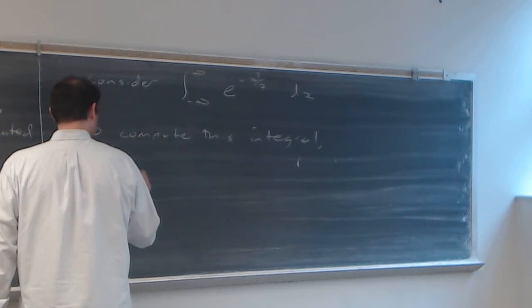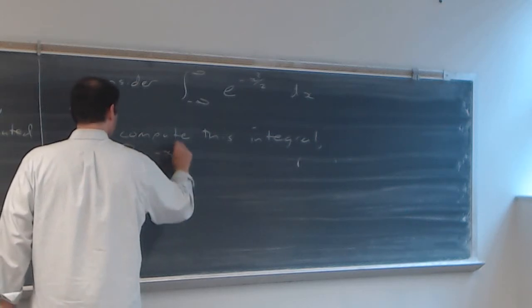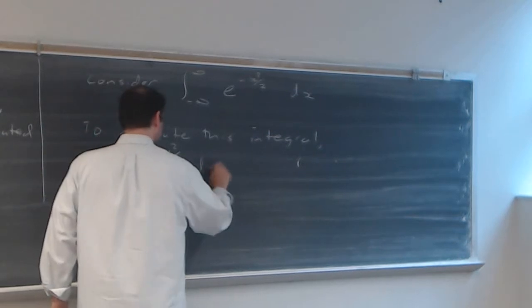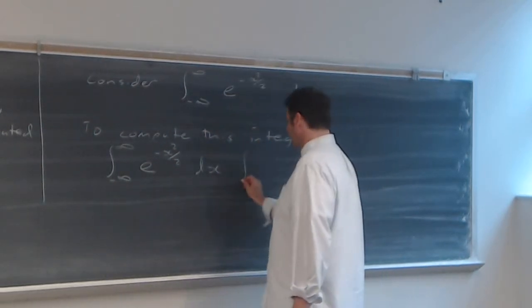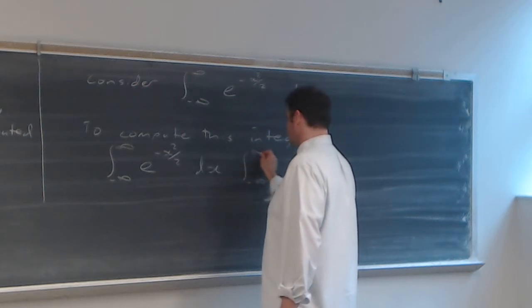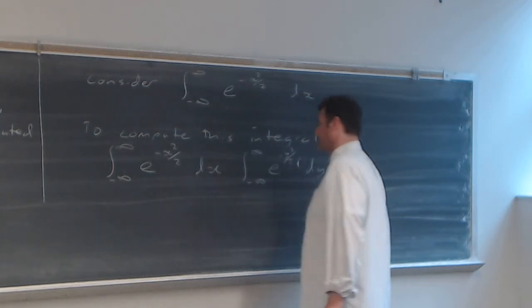What if we had the integral from minus infinity to infinity of e to the minus x squared over 2 dx, and then squared means times itself. So I'll rewrite this, with a different variable, as the integral from minus infinity to infinity of e to the minus y squared over 2 dy.